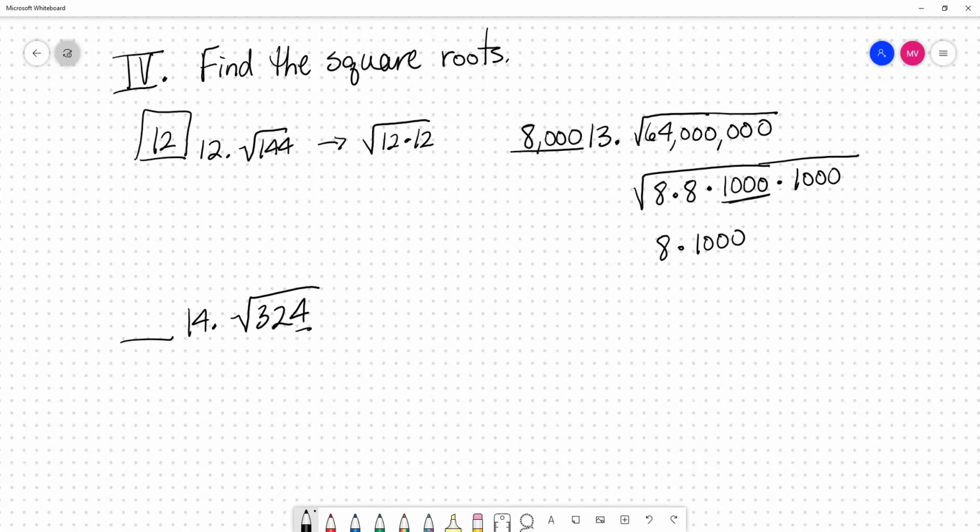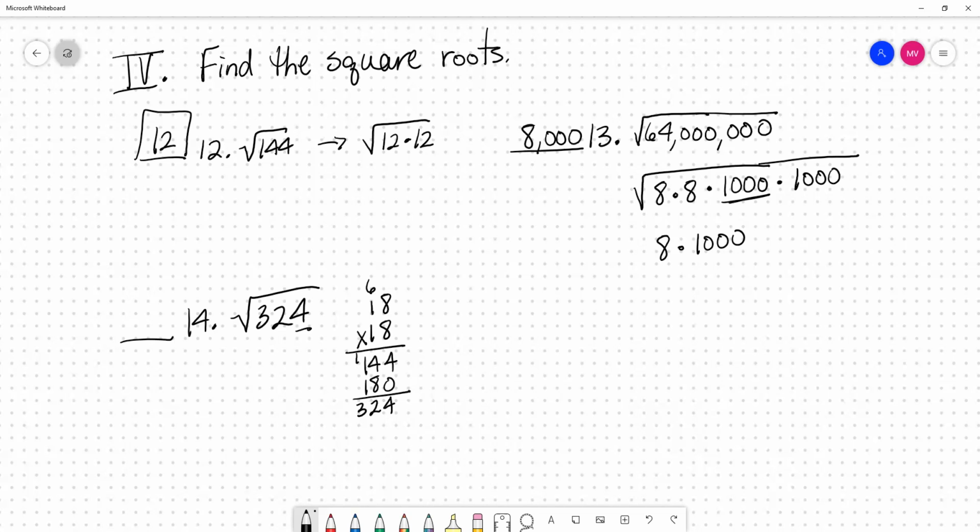So let's try 18. So 18 times 18: 8 times 8 is 64. Carry your 6. And then we bring down our 18. 8 plus 4 is, carry my 1.